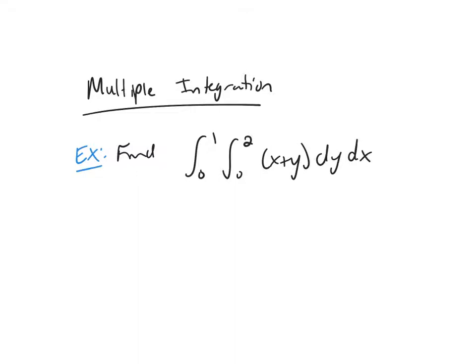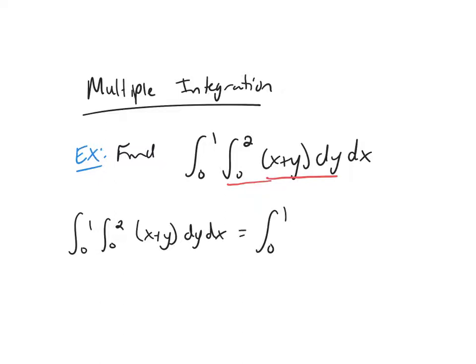So you always work outwards, or start at the inner part and work out. So here, the first thing you're going to look at is this integral. You're going to integrate with respect to y. So you're going to view x as a constant.